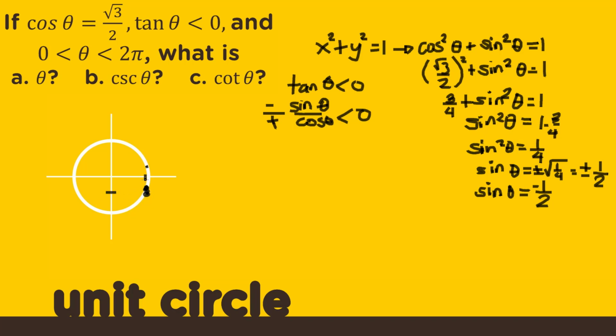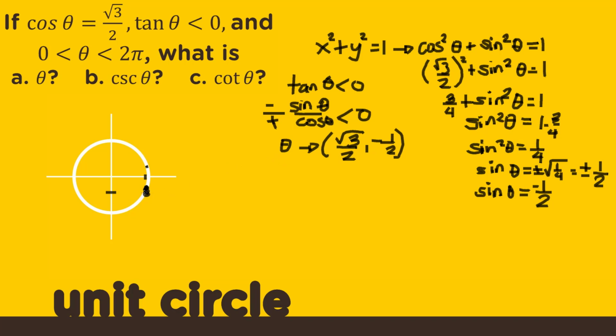You have square root of 3 over 2 and negative 1/2. So the coordinate of our theta is a combination of square root of 3 over 2 and negative 1/2. Our theta here could be both ways. We could have two possible answers as well. The revolution counterclockwise means positive, and clockwise is negative. However, we also have one restriction, that theta is just between 0 and 2 pi. So we're talking about positive.